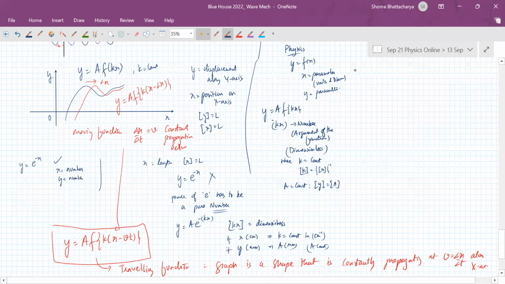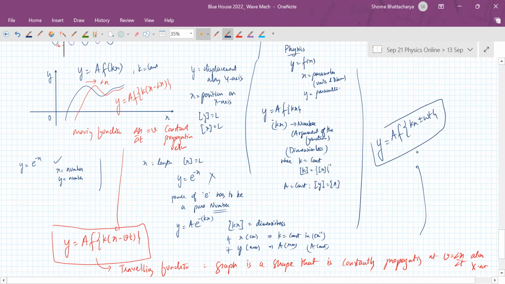So in general, any equation of this type is the general equation of a traveling shape, where the traveling speed is either minus or plus of omega by k.